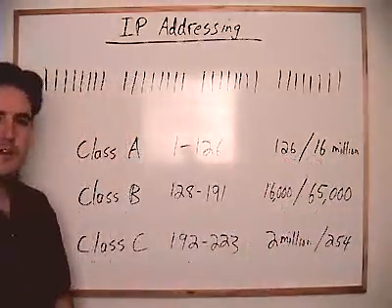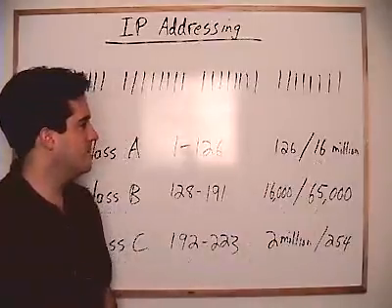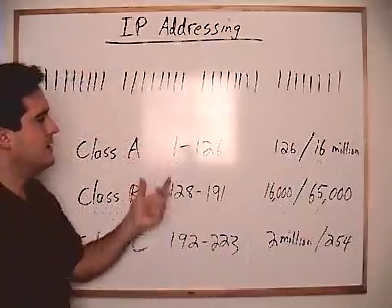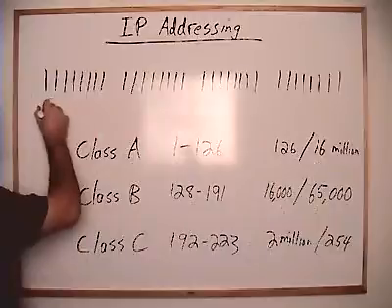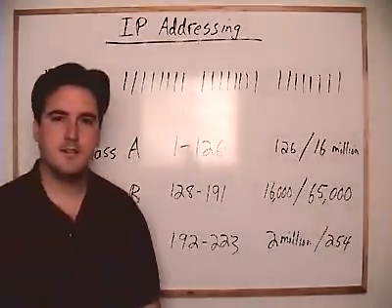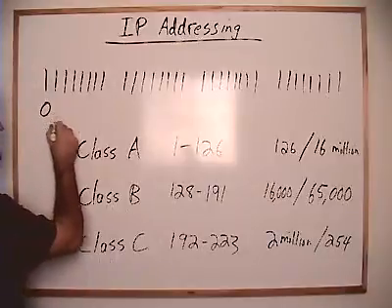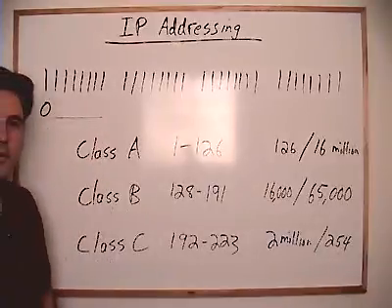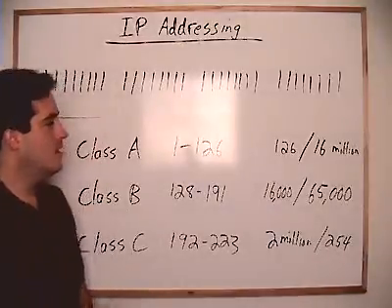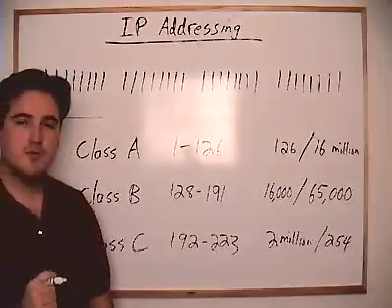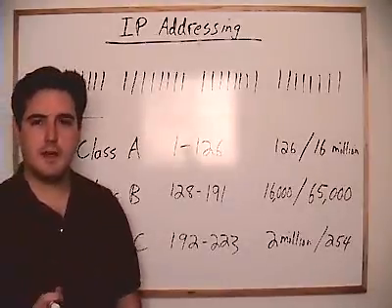Well, when we're determining what class of address we are, the Class A address, the first bit in the first octet is set to 0. So if that first bit is set to 0, the rest of the combinations give us 127. But 127 is reserved for what's called the loopback address.